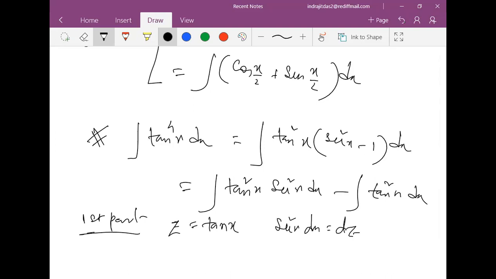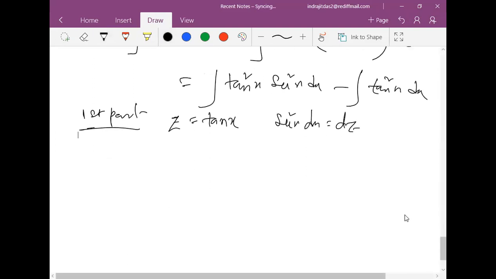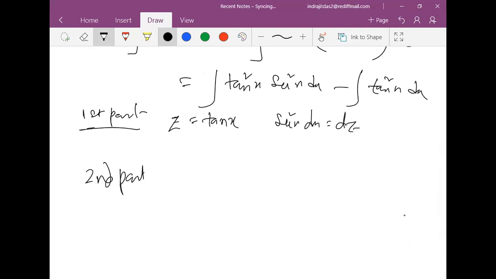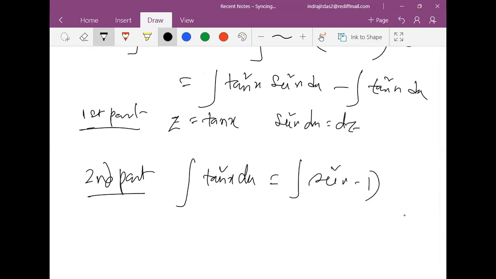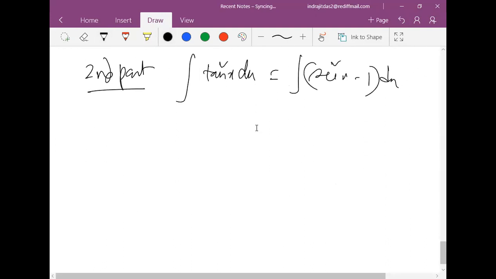Now what is the second part? First part is adjusted, but what about the second part? Second part is nothing, because tan square x cannot be integrated directly. That I have said last class, that tan square x is sec square x minus 1. So now you have your question, tan to the power 4x integration will be what?